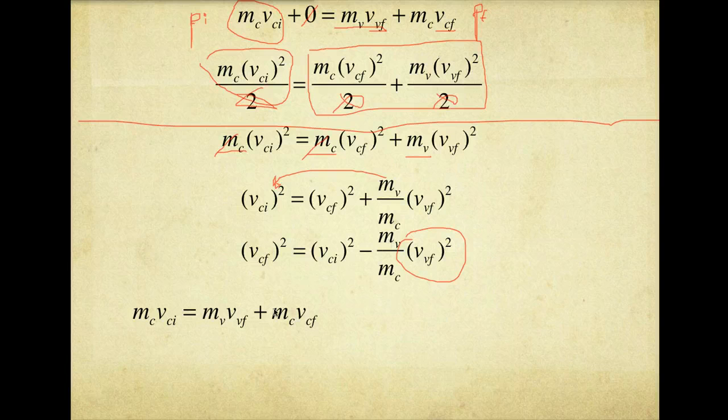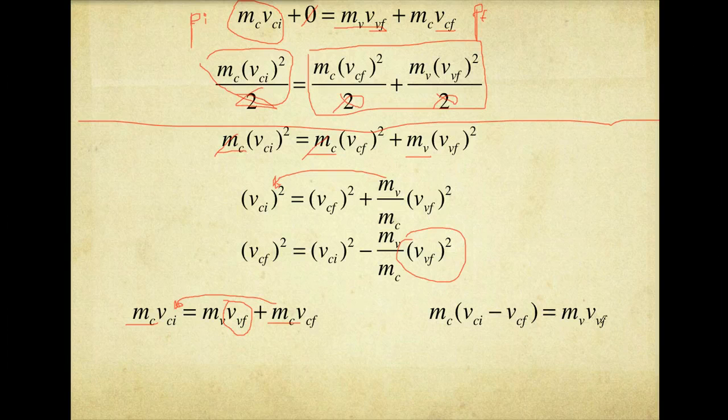And in order to do that, I'm going to go back to my conservation of momentum, got rid of 0, so that's initial momentum of the system, that's final momentum of the system. And I need to substitute for velocity final of the van. So I'm going to move this over here with a minus, then I have both velocities multiplied by the mass of the car, so I'm putting it in front of the parentheses.